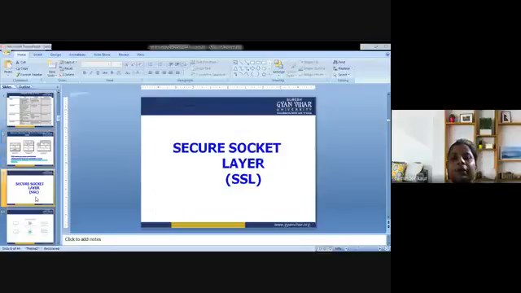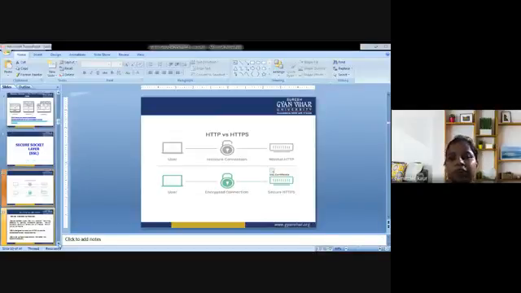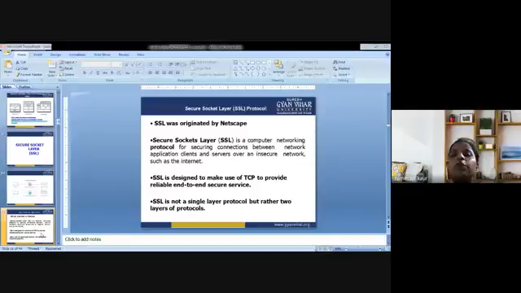Next is secure socket layer. In secure socket layer, we have discussed the difference between HTTP and HTTPS, what is the operation of HTTP, what is the operation of HTTPS, who developed SSL, what are the operations concerned with SSL, and why SSL was designed.